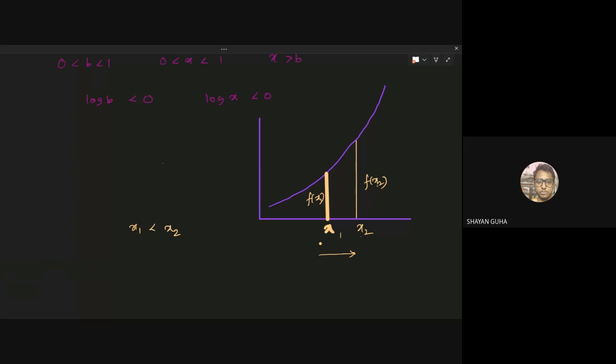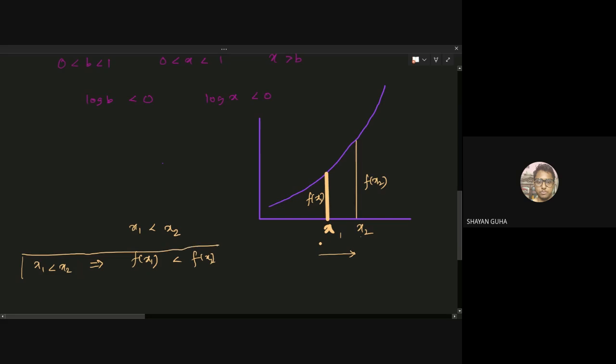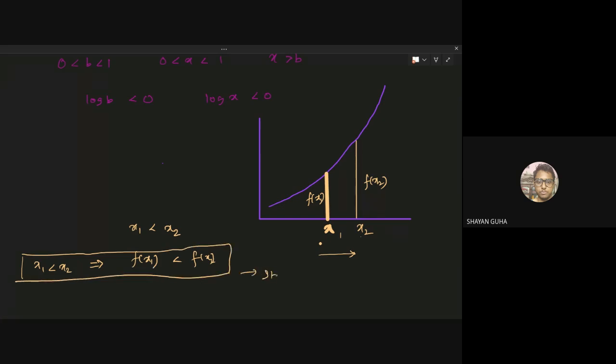We can clearly see that f of x1 is less than f of x2. So in simple logic, if x1 is less than x2, this implies f of x1 will be less than f of x2. Then this kind of curve where this phenomenon occurs is called a strictly monotonic curve.